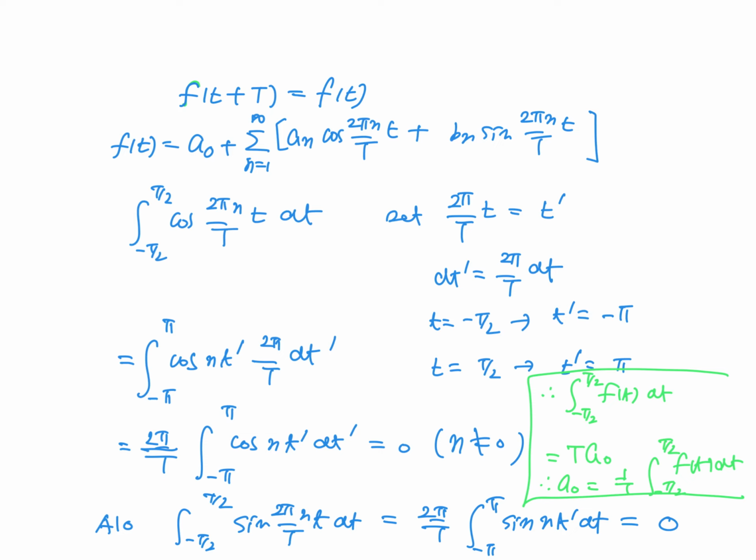So let's multiply by cosine. Can I move on? So check this, dt, 2 pi over T.